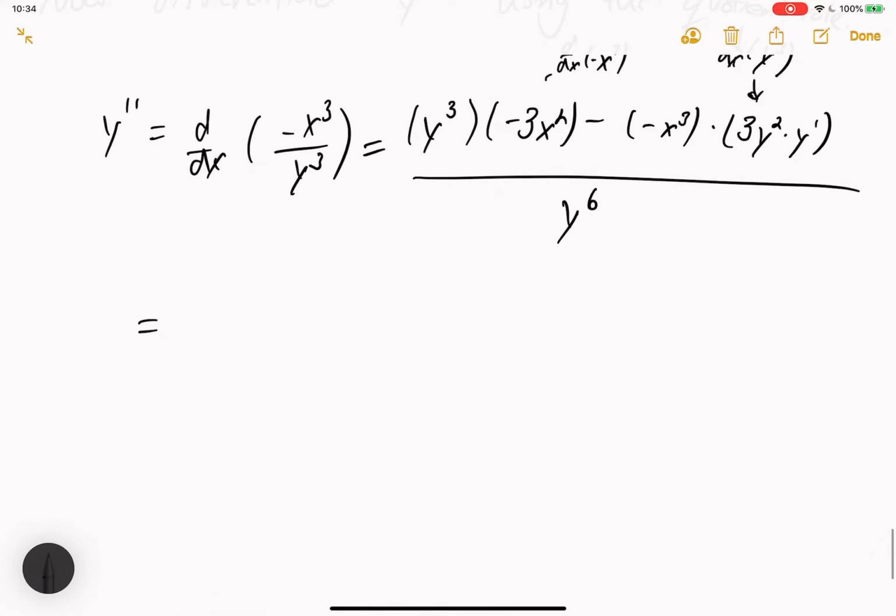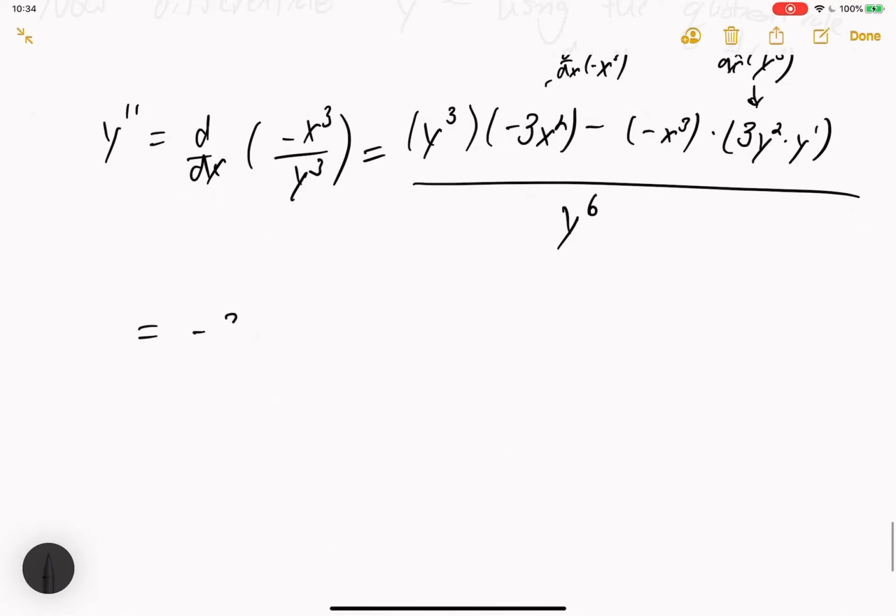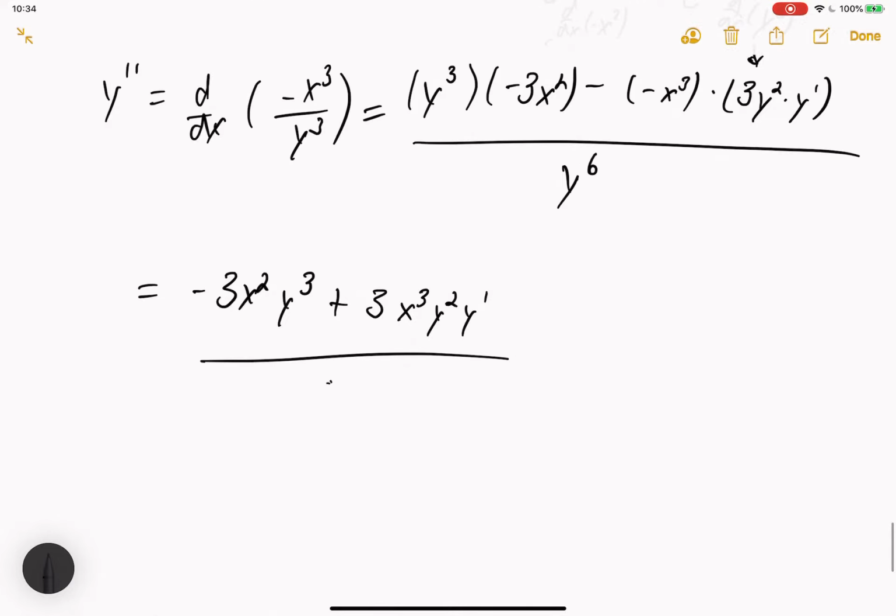So let's go ahead and simplify. So we just get negative 3x squared y cubed minus, plus actually, because the minus is there, so plus, let me keep it together, 3x cubed y squared y prime divided by y to the 6th.